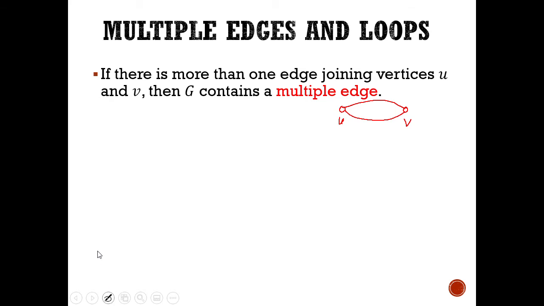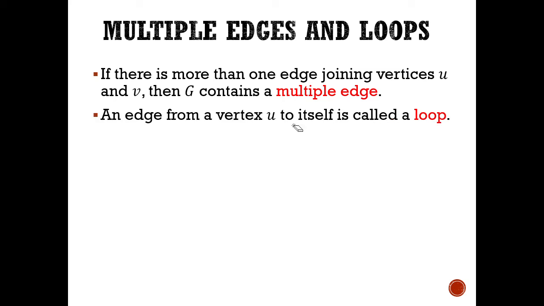Now, how is it different from a loop? When we say loop, it is an edge from a vertex U to itself. So to draw a loop, you have a vertex, say U, and you have an edge from U back to itself. So this one is a loop.